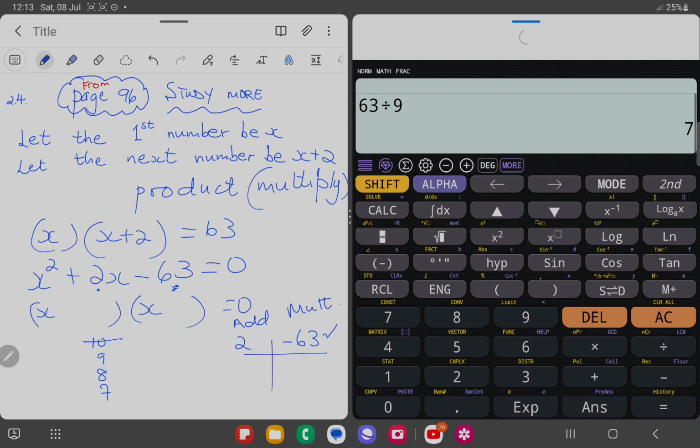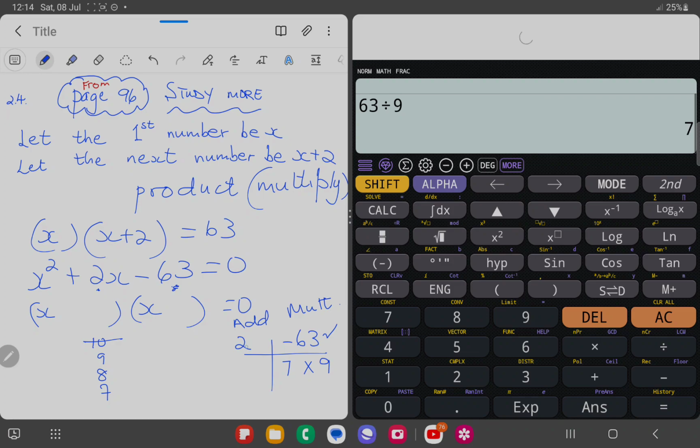So 7 and 9: when you add them, one number must be negative and the other positive, so that they give you the answer 2. A positive 9 and a negative 7. So the factors of 63 are 7 times 9.